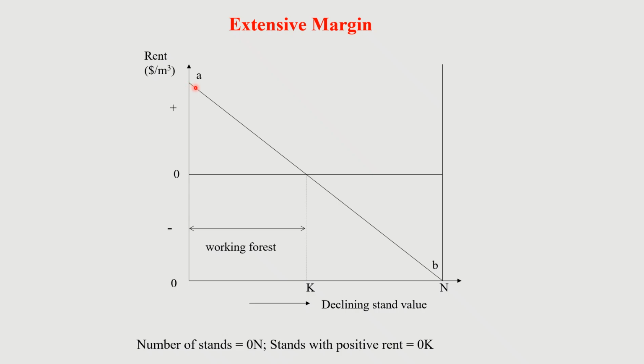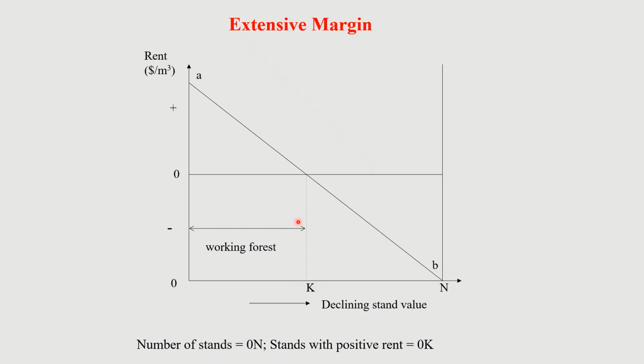As the stands are less and less valuable, you'll notice that this rent function falls until at point N, it's essentially zero. So 0N represents the number of stands, and the line AB represents the rent function.